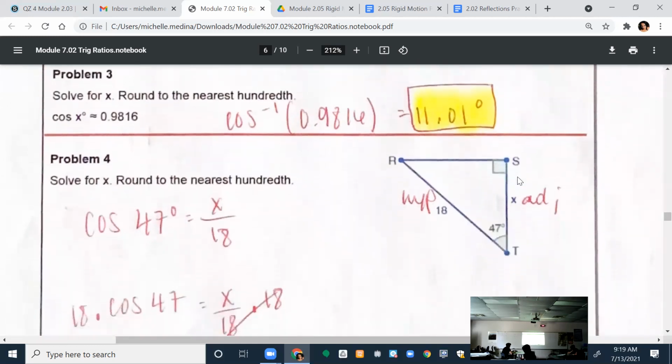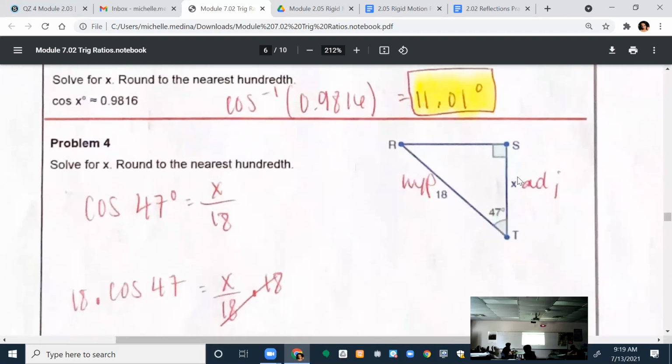All right, problem 4. Again, we already know we're dealing with cosines because of the notes, that's what it says. But if you didn't know, we're just looking from the perspective of the angle that's labeled. So from this angle, the hypotenuse is 18, adjacent is x. Plug it into your cosine function and solve for x.